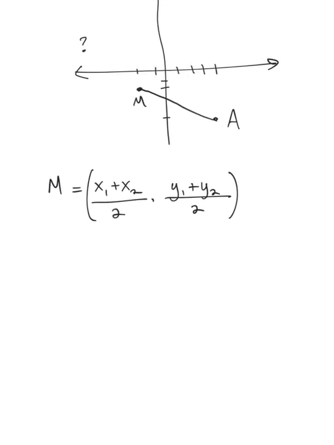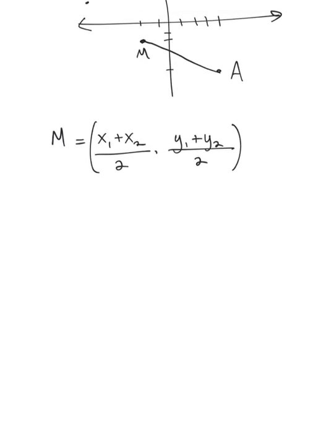Now, what I'm going to do is separate this formula so I have a spot to put both the midpoint of the x coordinate and the midpoint value of the y coordinate.